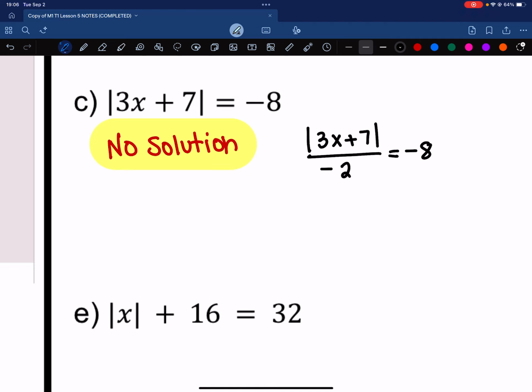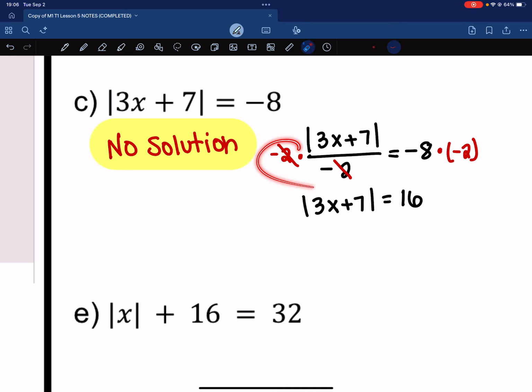In this case, you would need to multiply by -2 first. That way those can cancel out. And then you get 3x plus 7. And a -8 times a -2 is a positive 16. Now that 2 has been moved over, okay, now this equation is solvable.